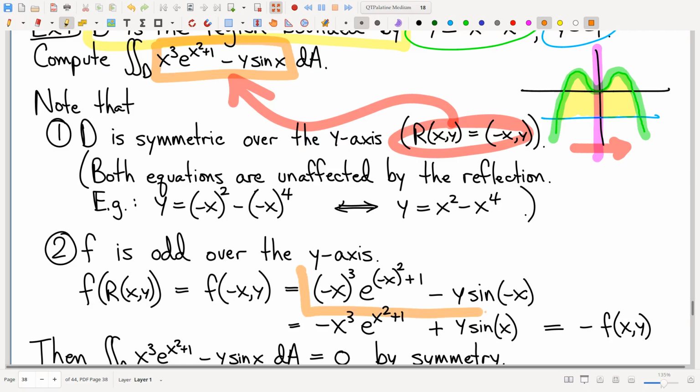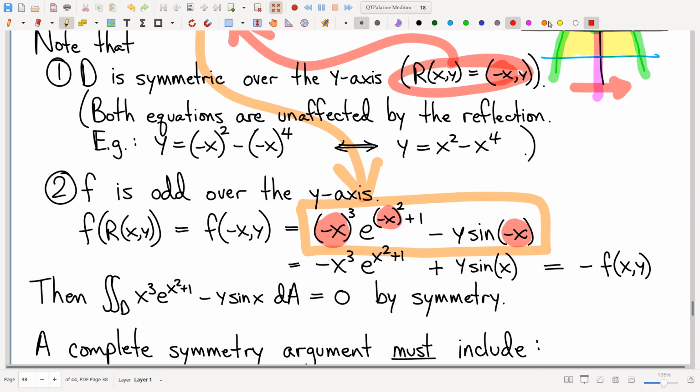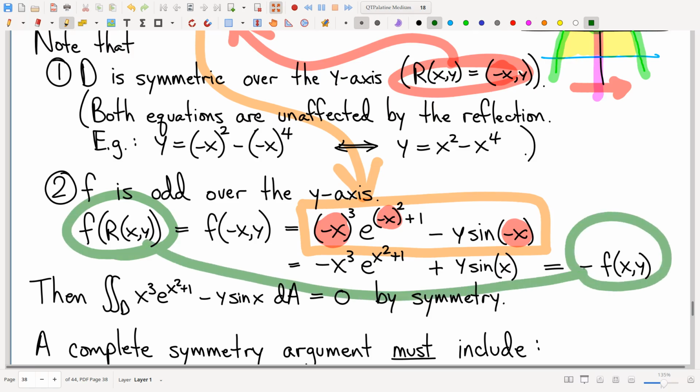That's kind of what you get, and you can see the reflection happening here, because where there had been an x, there is now a minus x. That's the evidence of me having plugged the reflection into that function, and then just crank out the algebra, follow the laws of algebra, do what it says, and the punchline is that yes, indeed, when you reflect the input, you negate the output, just as required.